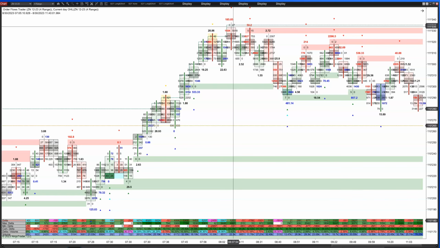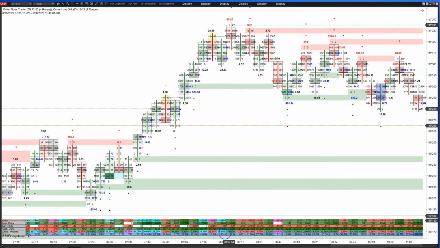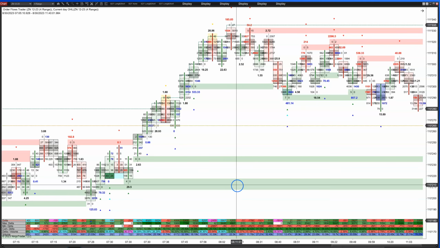Okay, so what's an exhaustion print? Well, as a trader, this is a decision you have to make. When you're using software, you have to set in a number, a threshold. If I'm using 25, it's 2 contracts more. Does that mean it's not an exhaustion print? Well, no, you can still take it because look at the volume. 22,300 contracts trade on this bar, and it only traded 27 at the high.